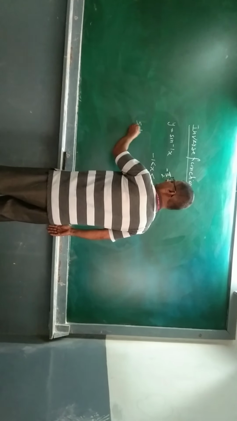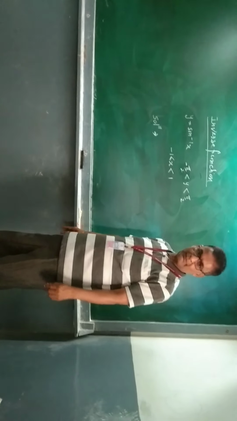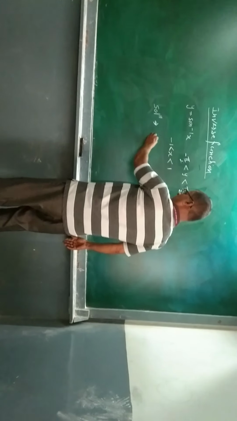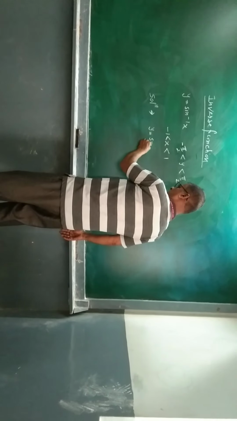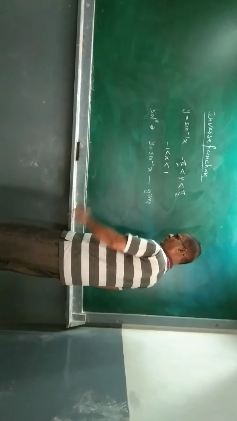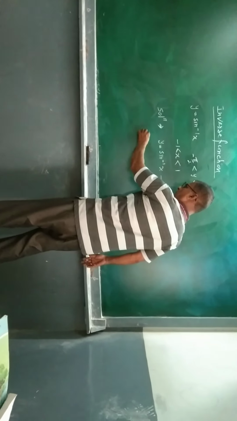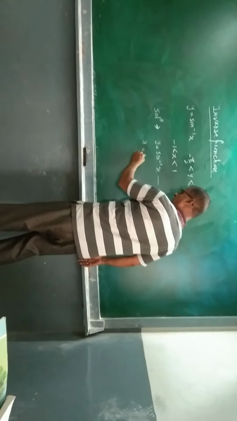The solution is in this way. What is the derivative of sin inverse of x? Here y is equal to sin inverse of x. It is the given function. Convert it into the direct form of the function. Therefore, x is equal to sin y.